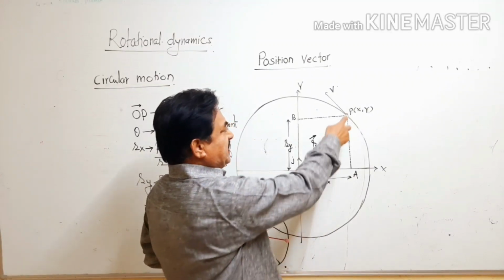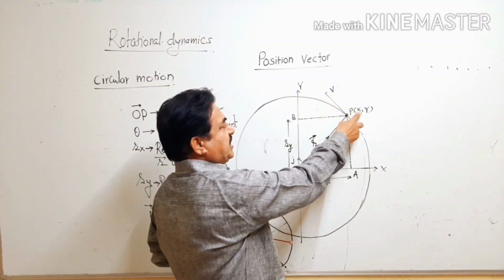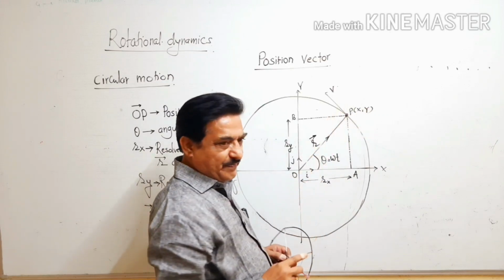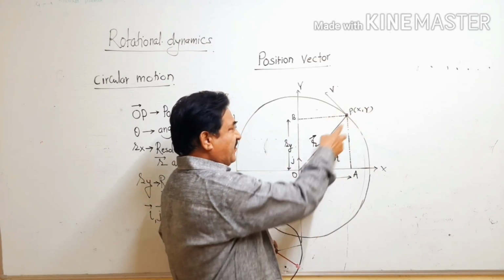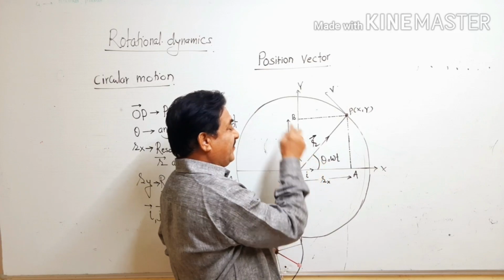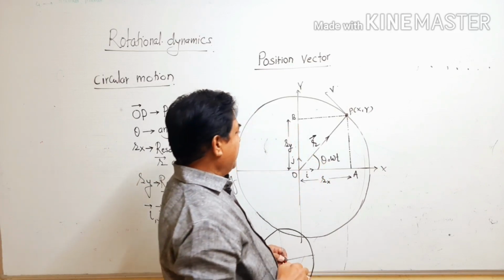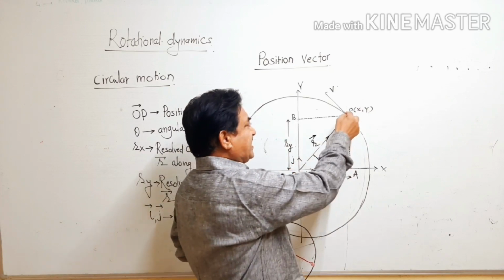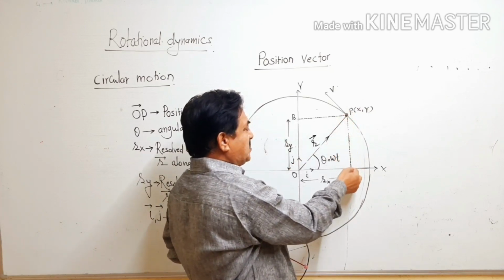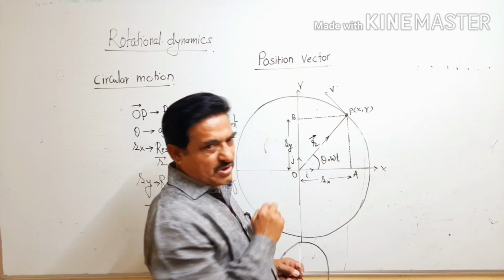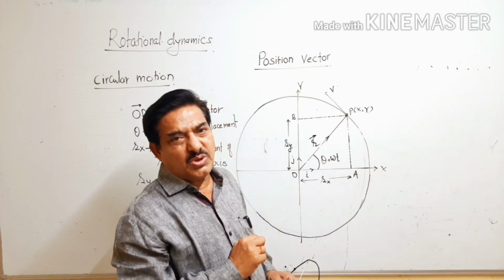At a particular position x, y, this position vector makes an angle theta, and this radius vector is resolved into two components. How can this vector be resolved?